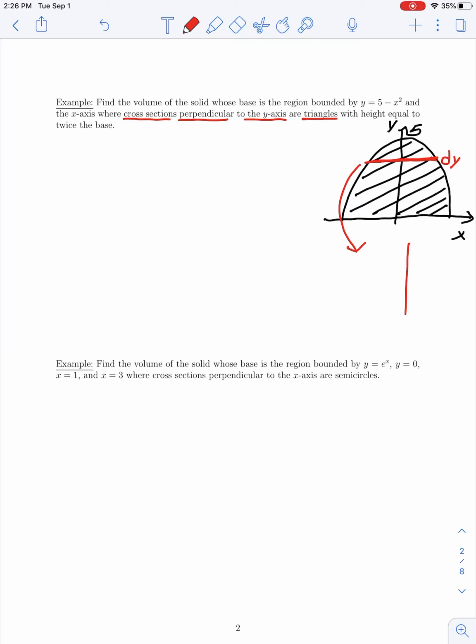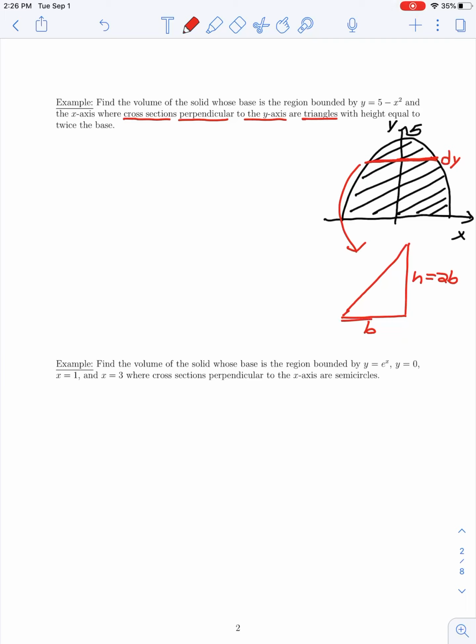So here we're going to have a little triangle where our height is equal to twice the base. So let me maybe label my base as B, and then the height, I could call it H, and it's equal to twice the base.